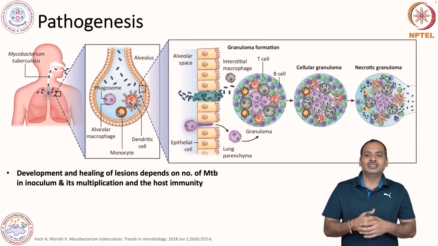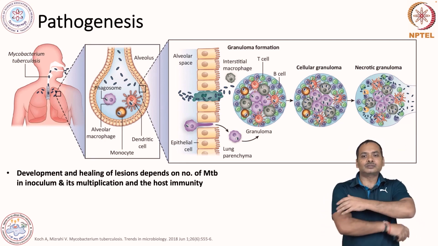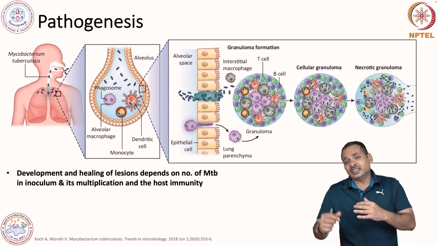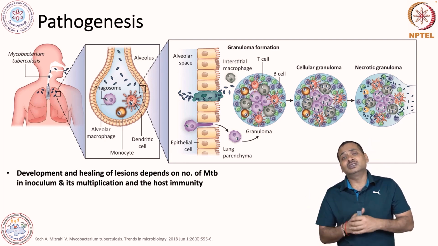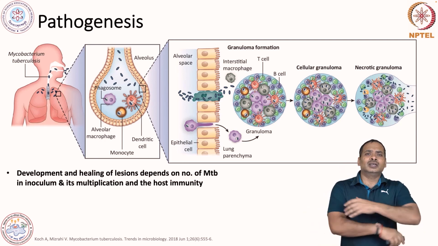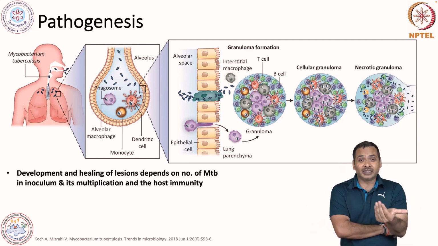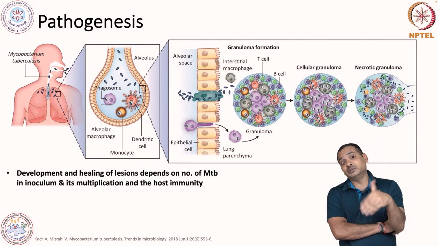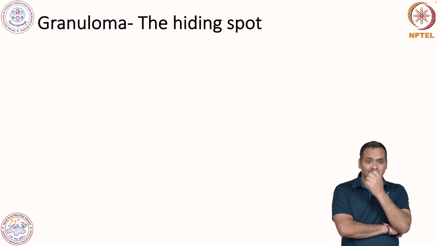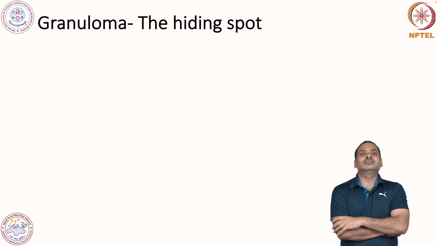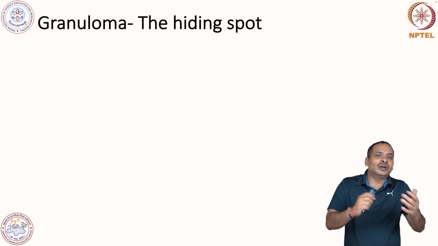Here you can see that there is a necrotic granuloma, and then this can infect other cells, or they can infect other tissues as well. That may remain as a pulmonary tuberculosis, or that may result in extrapulmonary tuberculosis.